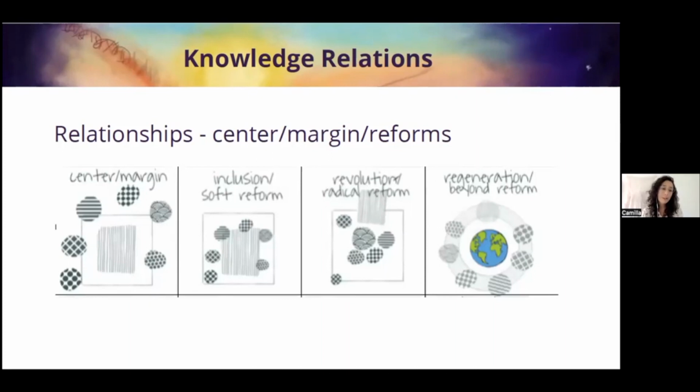So in the first image, which is the colonial modern system in general, we have the brick sensibility, the brick knowledge, the brick way of knowing as the center, big in the center, and everything else is marginal. Whatever I cannot understand in box head is out of the box, marginal to how I understand the world. When we start moving into changes in this house, into reforms within this damaged planet, a lot of times what we see is a form of inclusion.